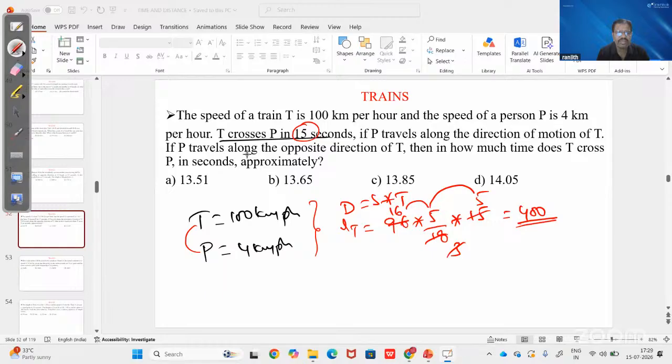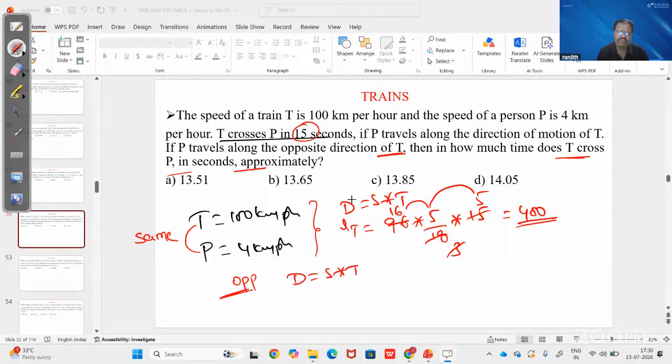If P travels along the opposite direction of T, then in how much time does T cross P in seconds? So the previous one was the same direction, where the time was given, but in the opposite direction, distance equals speed into time.